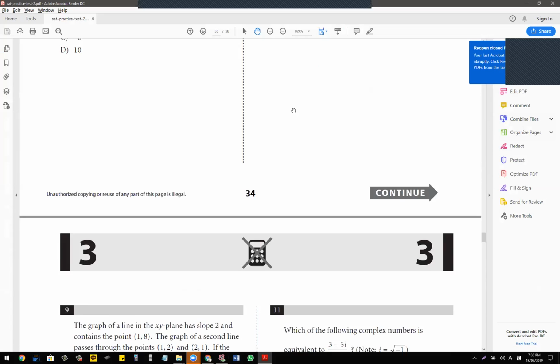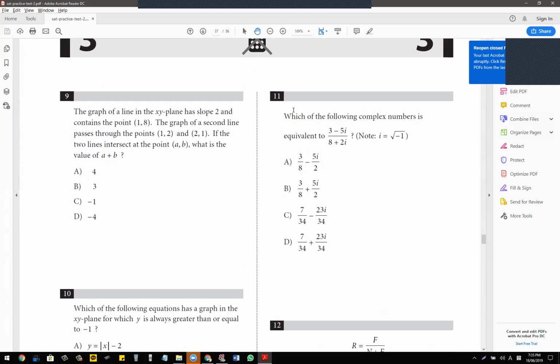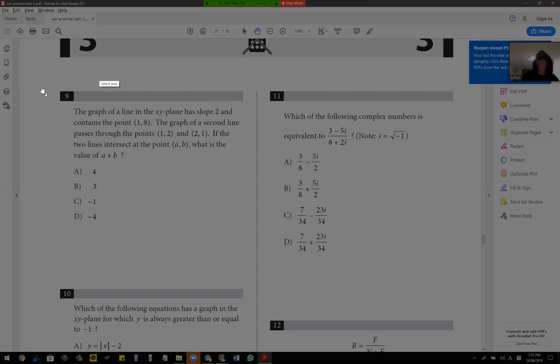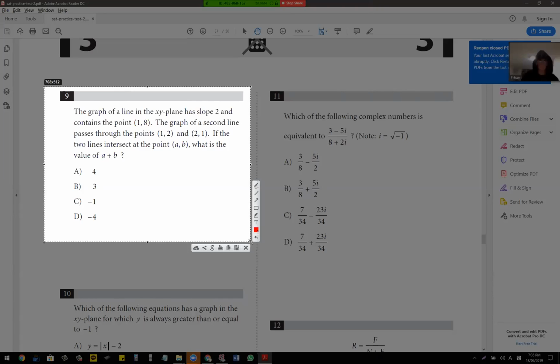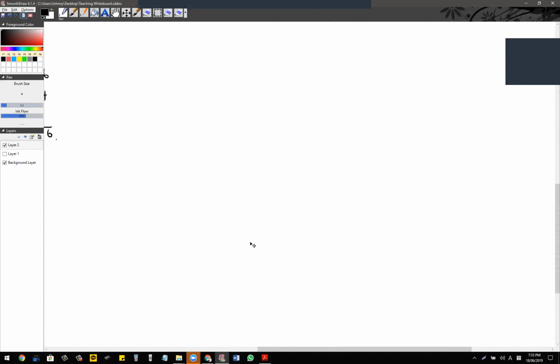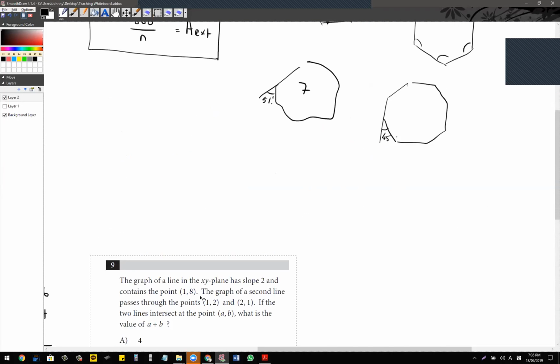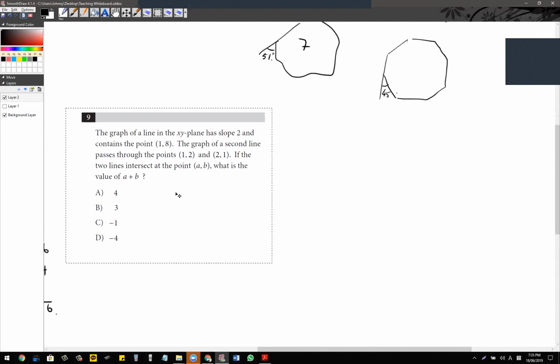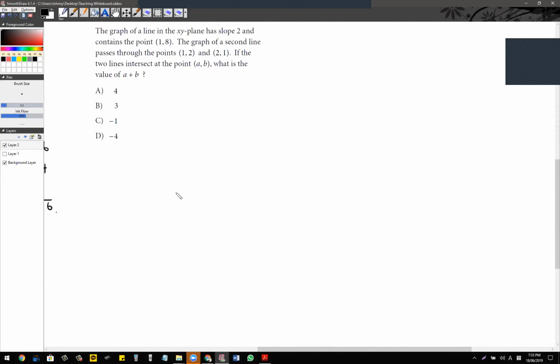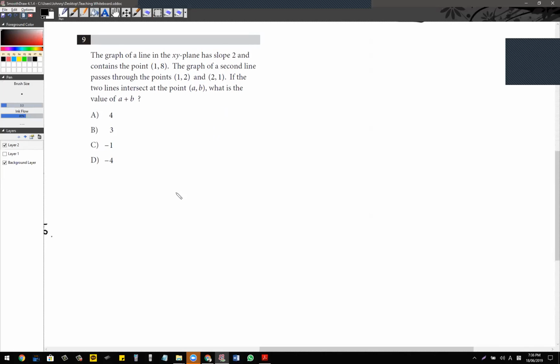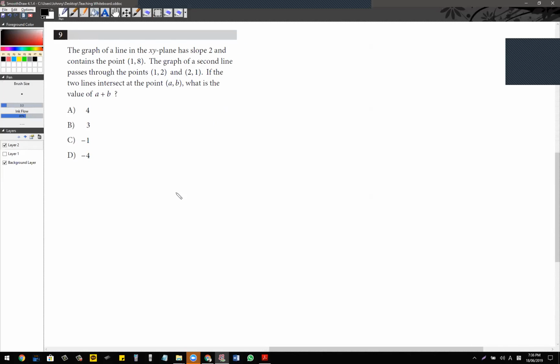Now moving on to question 9. Okay, let's try this one now. It says that question 9, the graph of a line in the xy plane has a slope of 2, that's gradient of 2, and contains the point (1, 8).